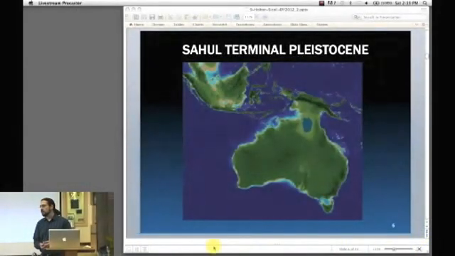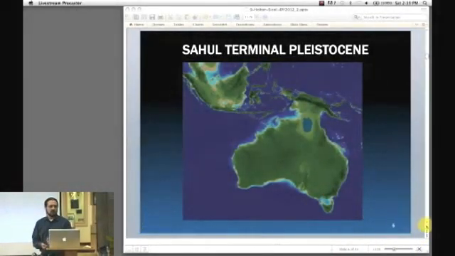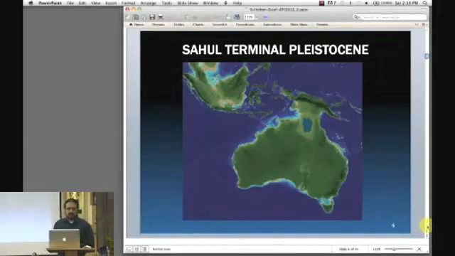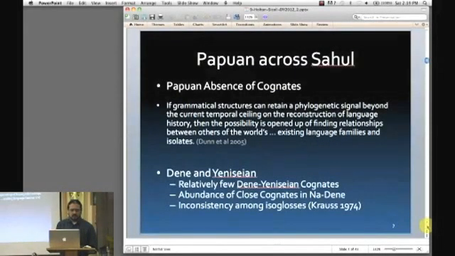For Papuan across Sahul, the use of typological data is necessary because Papuan has basically an absence of cognate sets. The idea is that the time depth is such that there aren't cognates that can be discovered, and so they turned to typological data. They argued that if what they were seeing was a phylogenetic signal beyond the current temporal ceiling, there was hope of opening up long-range comparison between other isolates and families of the world.